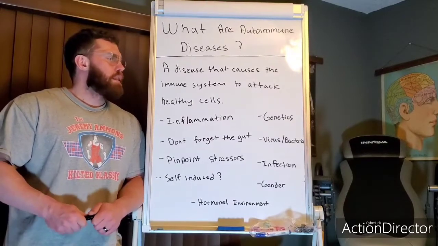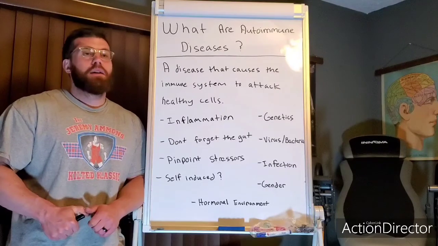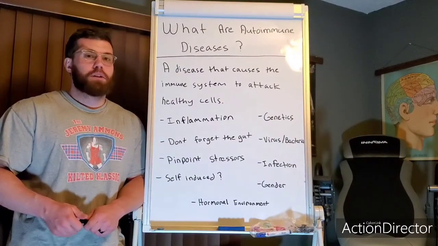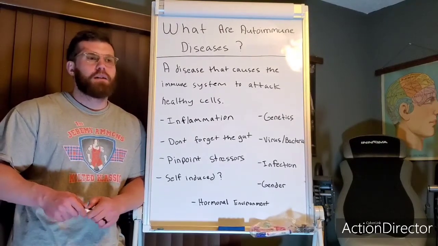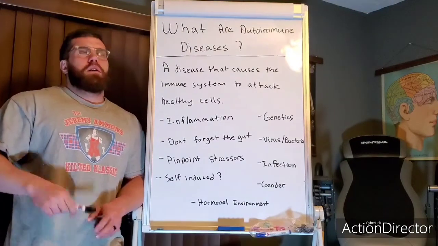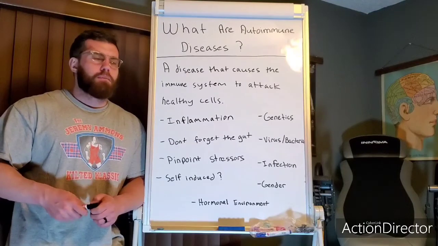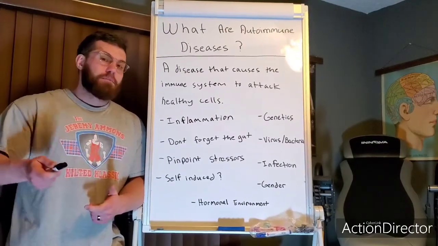So there's a lot of them. There are more severe ones that are common. Something like lupus can be pretty severe, and statistically it's common. I don't remember the exact number off the top of my head, maybe a couple hundred thousand people, but it can be pretty severe.